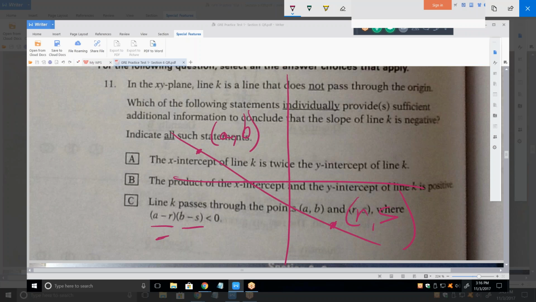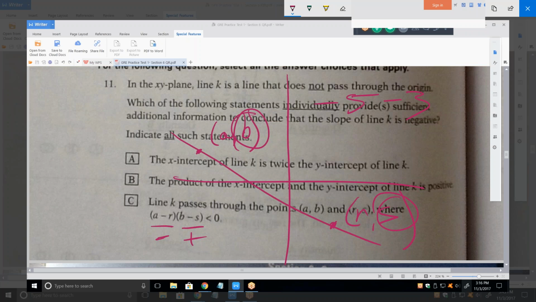No matter what numbers I put on there. If I have -5, -3, that's negative. And B minus S is positive, because B is a positive number, S is a negative number. So when I take B minus S, I get a positive number always.